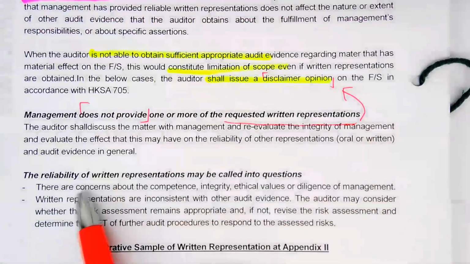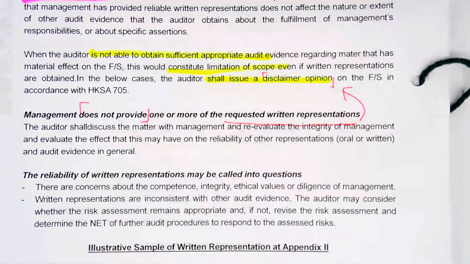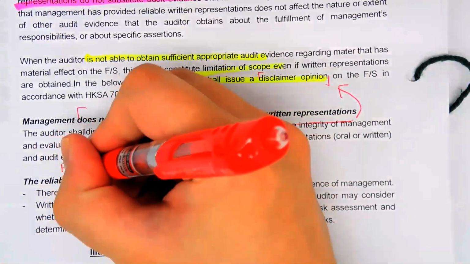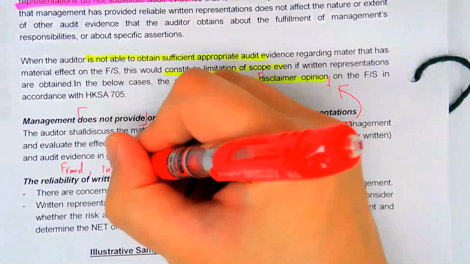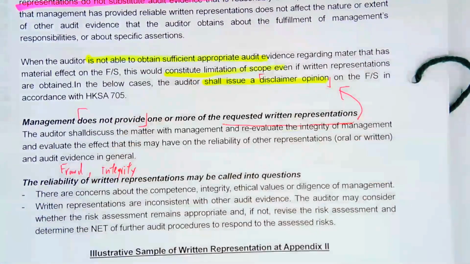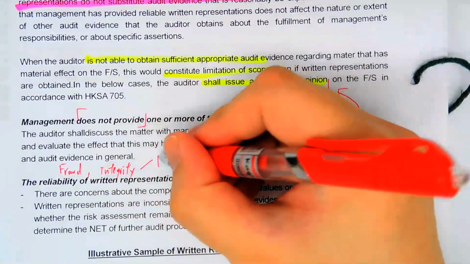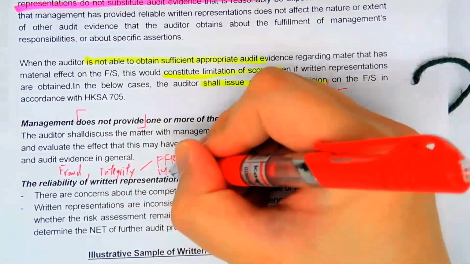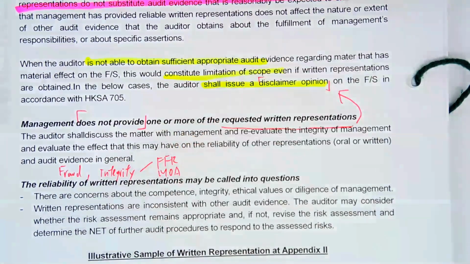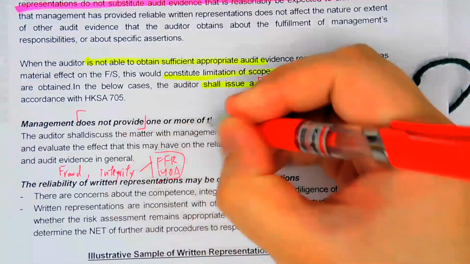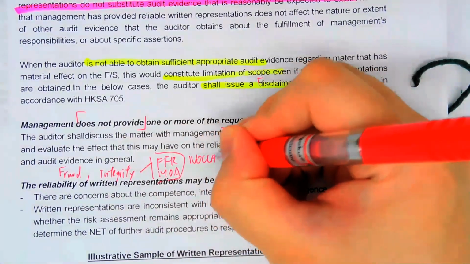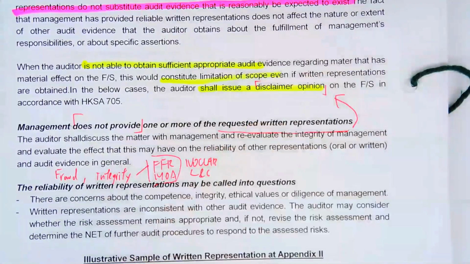And reliability of written representation may be called into question. Remember, when we talked about the chapter on fraud, we talked about integrity of management. If there's fraudulent financial reporting or misappropriation of assets, something like that, remember, there will be items, for example, non-compliance of law and regulation, litigation, and claims.